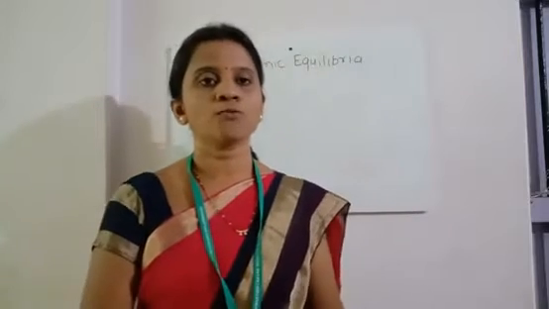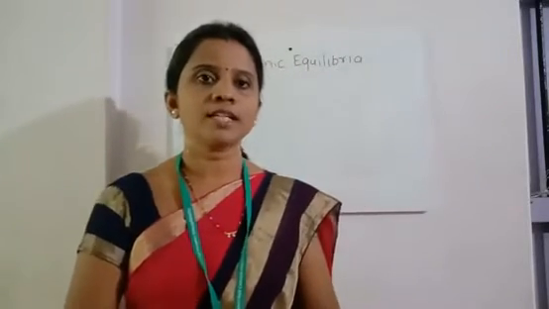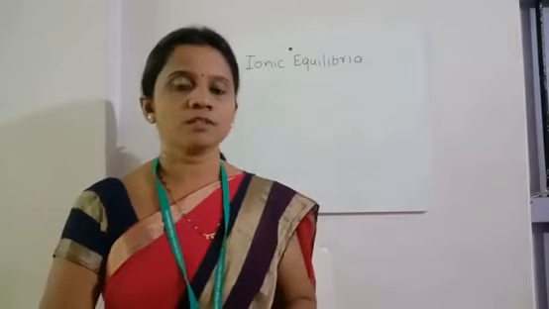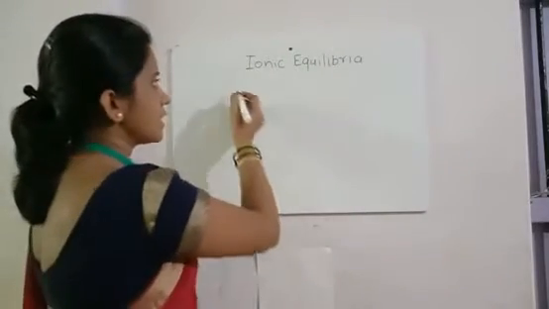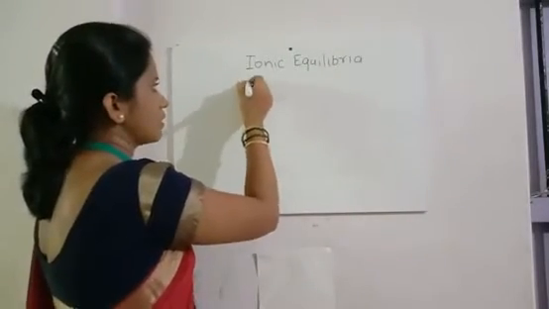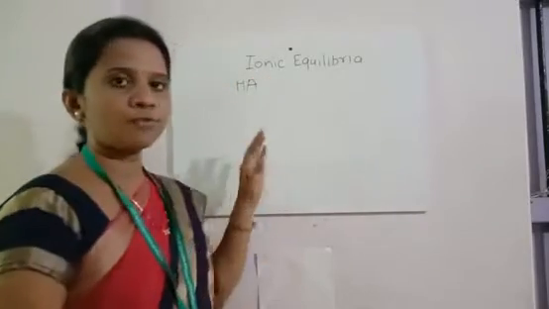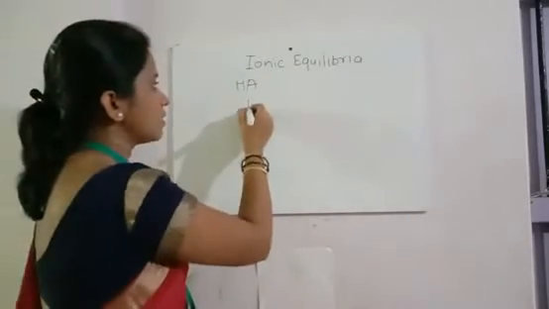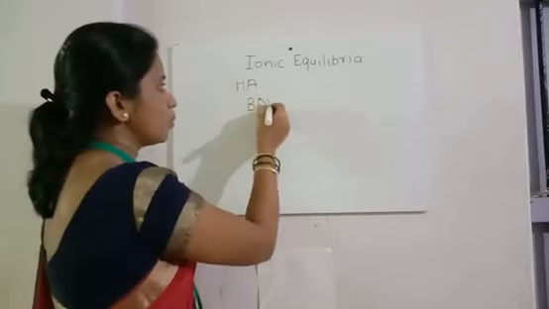Students, we have seen Ostwald's dilution law for weak acid. What is the expression for degree of dissociation for weak acid? The same derivation is for weak base. For weak base, instead of HA, the symbol for weak acid, we'll take BOH.